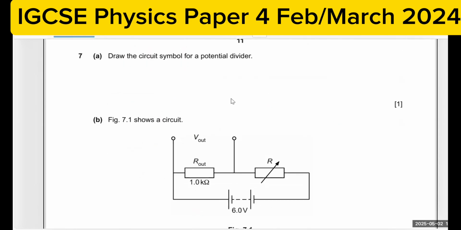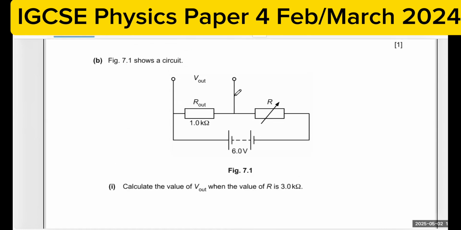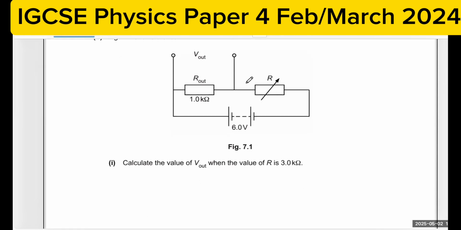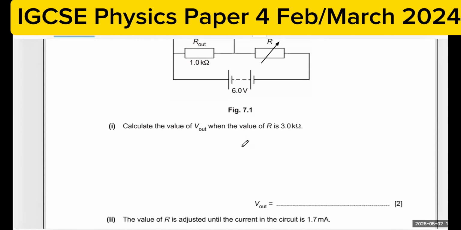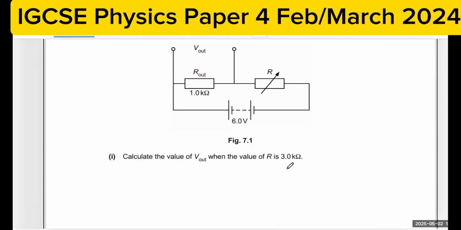Next question, draw the circuit symbol for the potential divider. What you will do, you will draw the resistance and you will mention the sliding contact on it. So this is the symbol of the potential divider. And this is the diagram of the potential divider. Two resistances in series, and we are taking the output from it. So calculate the output voltage if the value of R is 3 kilo ohms.